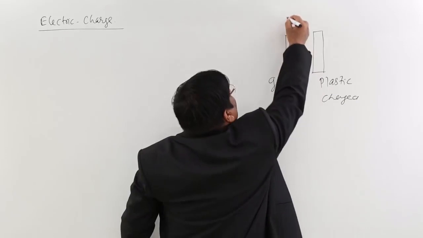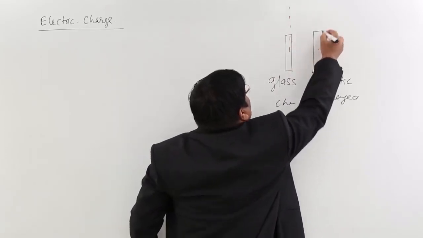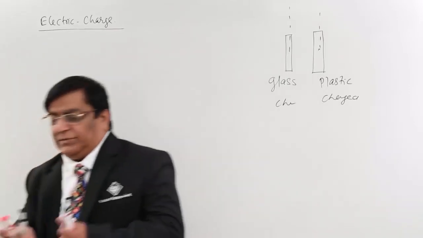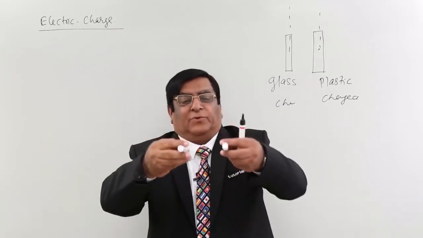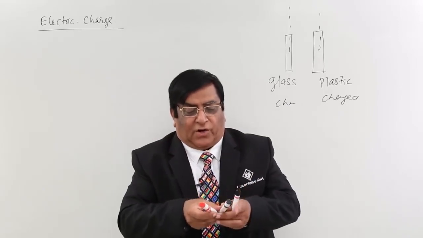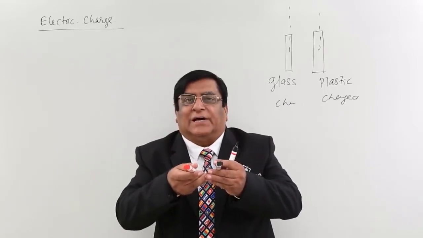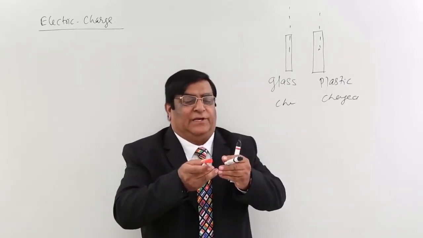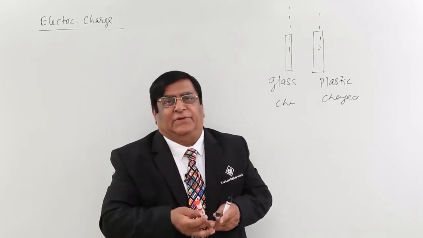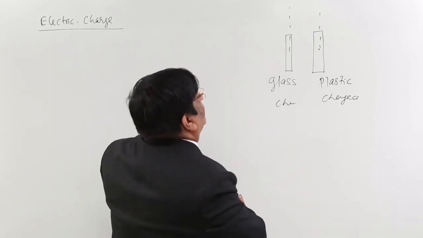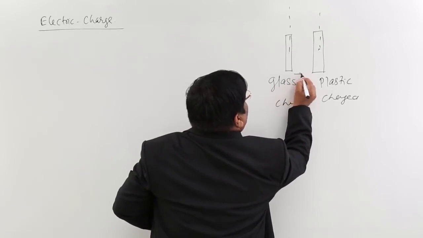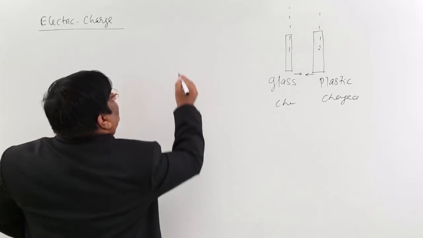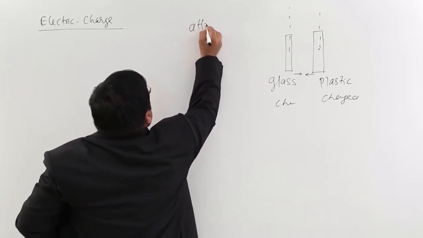Now we hang them with the help of thread and bring them close to each other. Now what do we expect? The answer, both are charged, they will attract each other and they go like this. We see it happened. There is a force of attraction between the two. So far so good. What we have declared, electric charges attract.